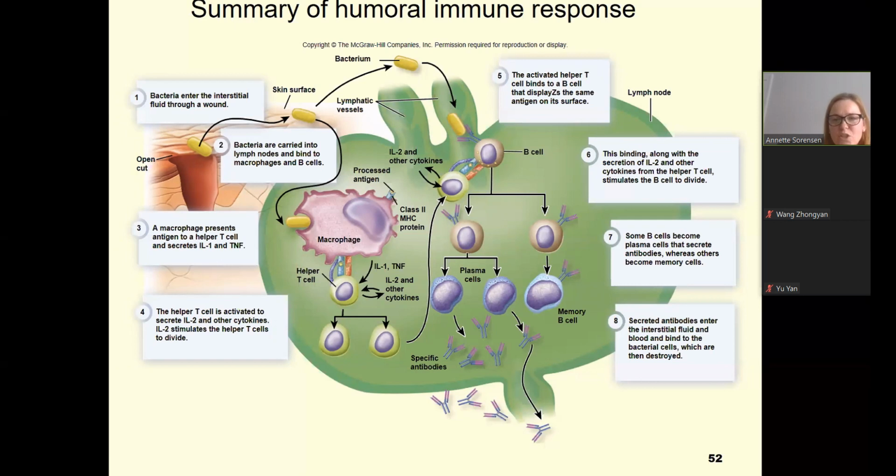Now that leads to proliferation because of the cytokines produced by the T cell. We now get proliferation of these B cells, we get plasma cells, and we get secretion of these specific antibodies, which can then bind and lead to destruction in different ways of the bacterial cells.